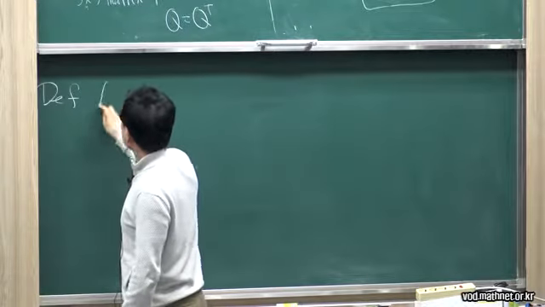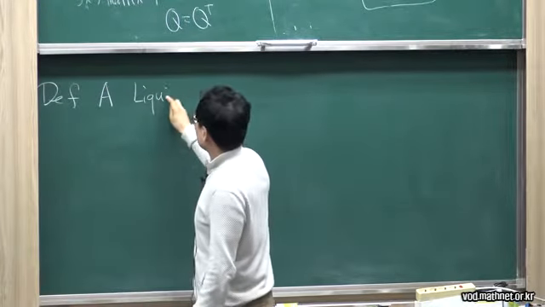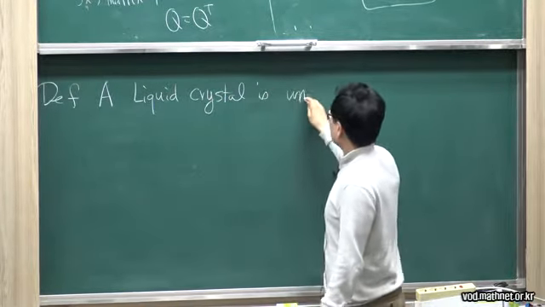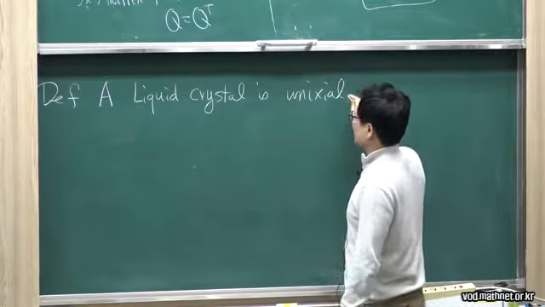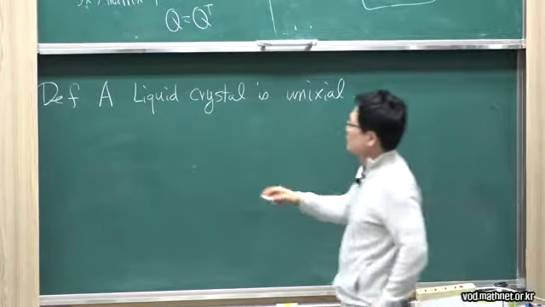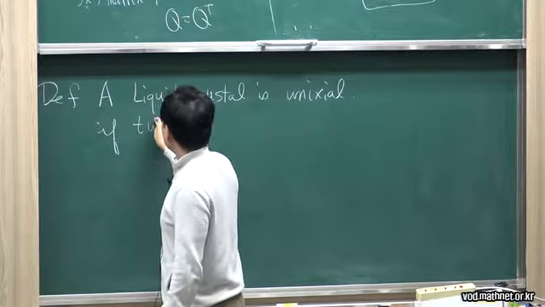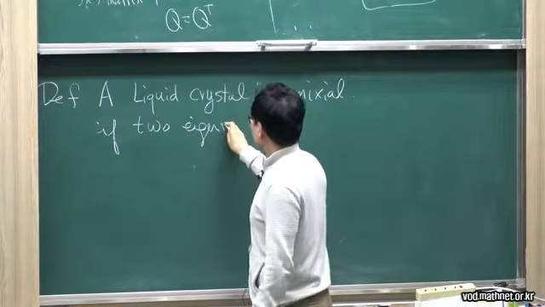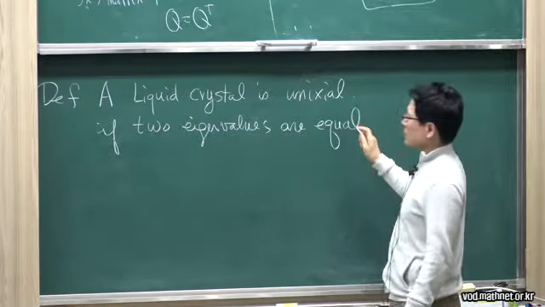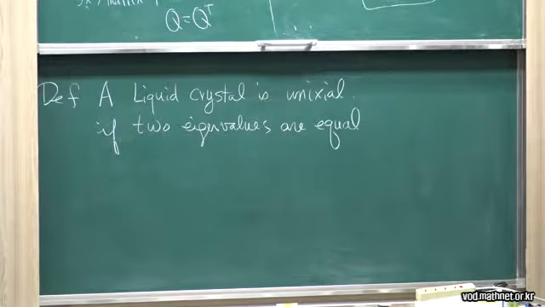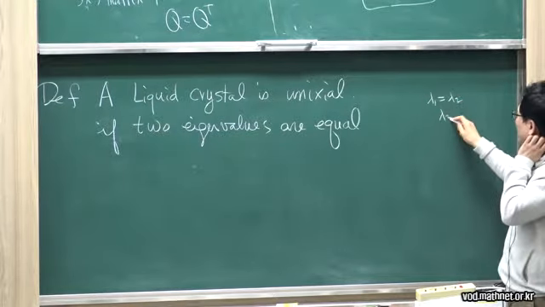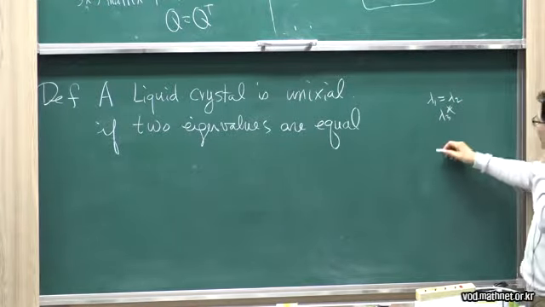A liquid crystal is uniaxial, which is defined by optics, if two eigenvalues are equal. Suppose lambda 1 and lambda 2 are the same and lambda 3 is different.